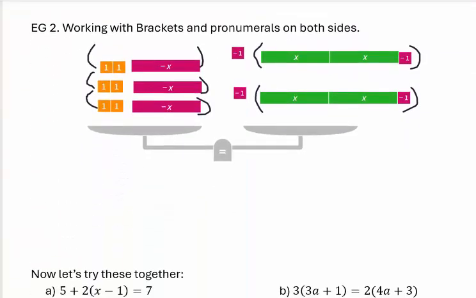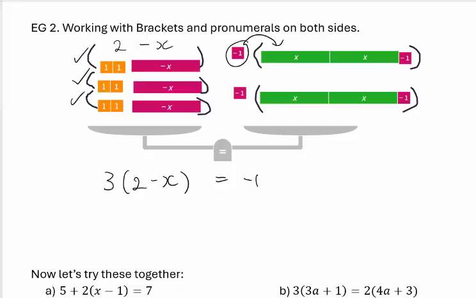Okay, what happens when we have brackets? So here this is really 2 take x in each of those brackets. So this is, how many have we got? 1, 2, 3. So this is 3, 2 take x equals, now I have negative 1 here times whatever is outside the bracket.